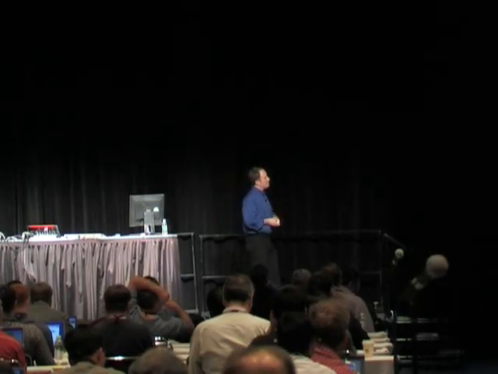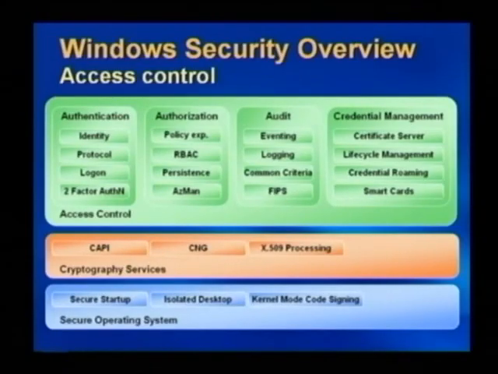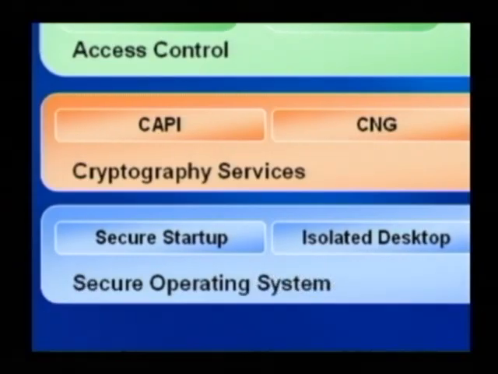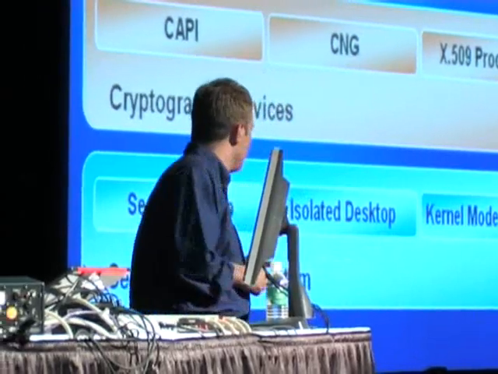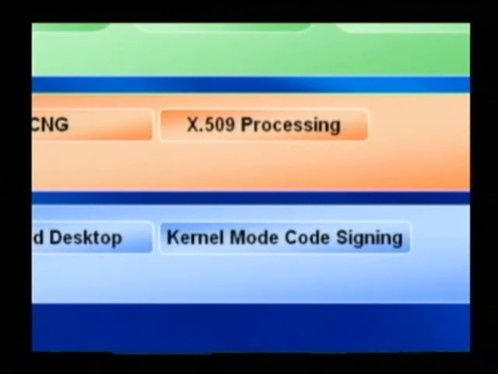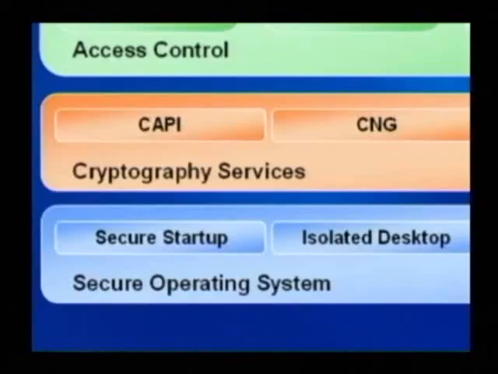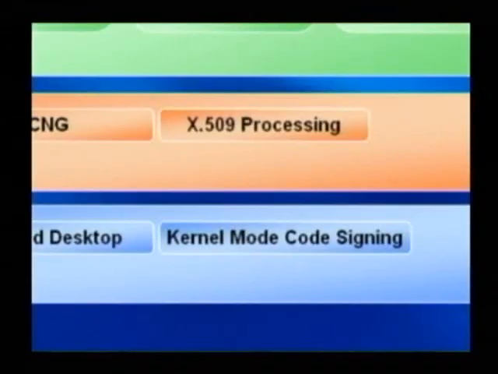So from a really high level, we can layer the operating system in terms of security into three main layers. We have what we call the secure operating system, which is secure startup, isolated desktop, or session 0 that we're going to talk about later on, and kernel mode code signing. In the interim, we have our crypto subsystem, crypto API, and crypto next generation, and our CMS layer, or our X509 processing layer.